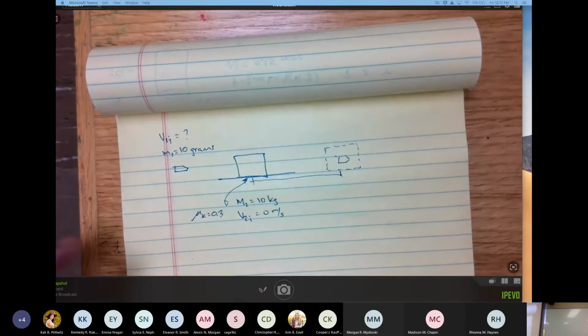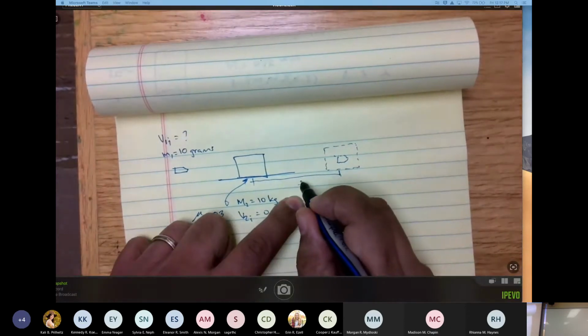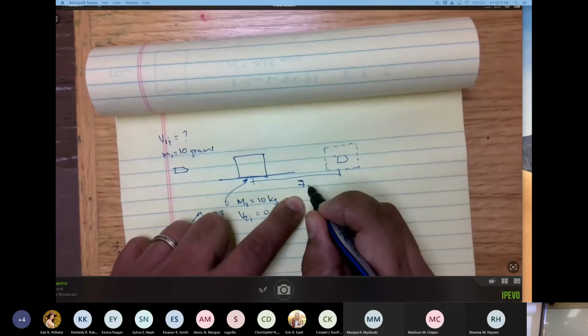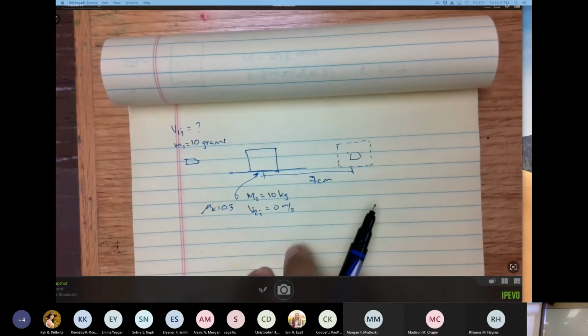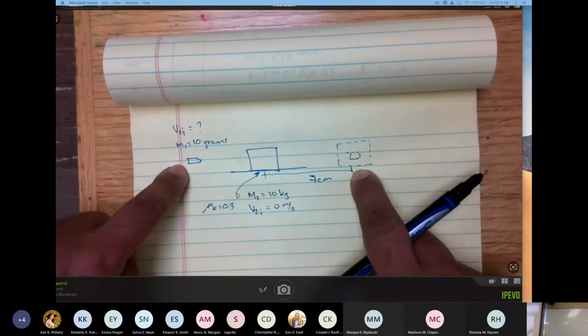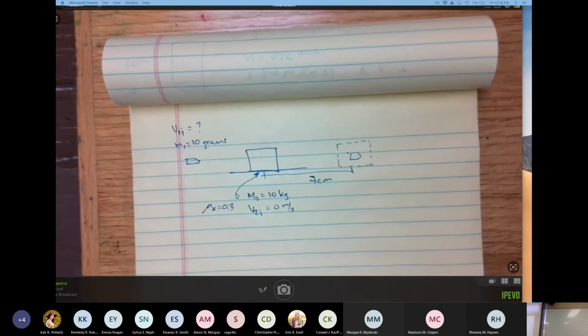And let's say, for sake of argument, that this distance is 7 centimeters. Okay. So the question is, if I know the mass of the block and I know this distance, can I predict the velocity of the bullet? Okay. So this was the old way to calculate or estimate velocities of bullets.